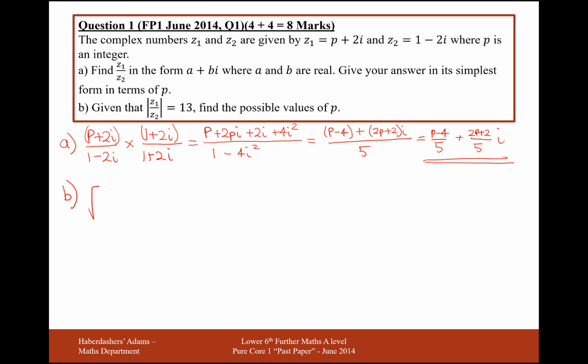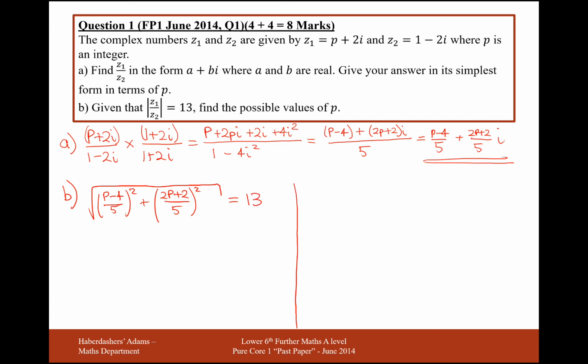So it's a big square root of the real part squared, so p minus 4 over 5 squared, adds the imaginary part squared, 2p plus 2 over 5 squared. And the distance from the centre to this coordinate here is 13, so this is equal to 13.